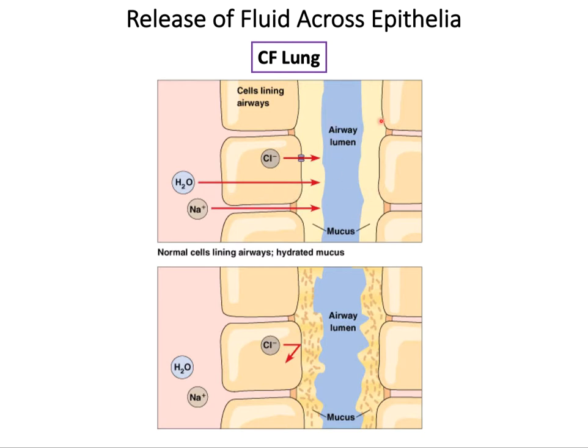So now you have sodium chloride in the mucus. And so now you have this salt gradient, which then draws water across these epithelial cells. And so in this way, the G protein coupled receptor that was interacting with a stimulatory G protein can then induce the flow of water across the epithelium.